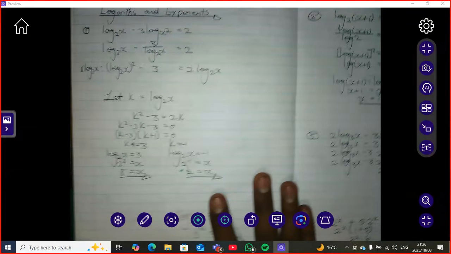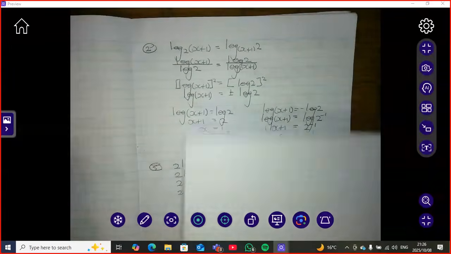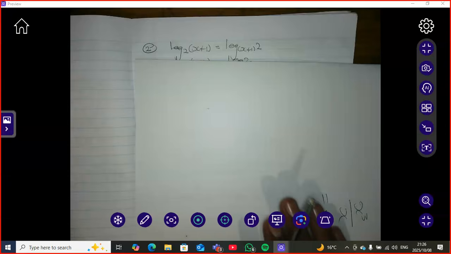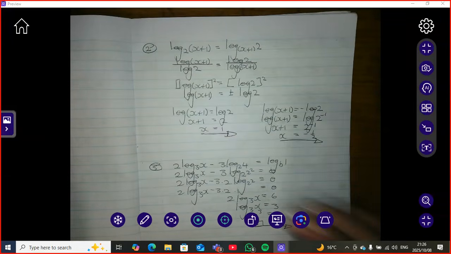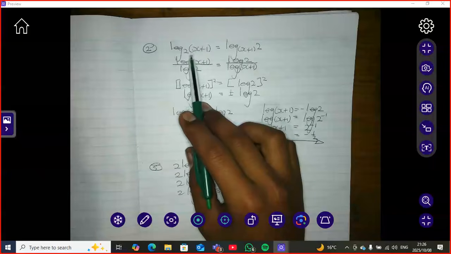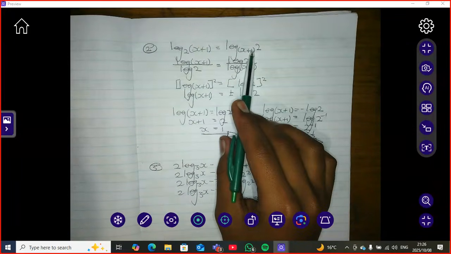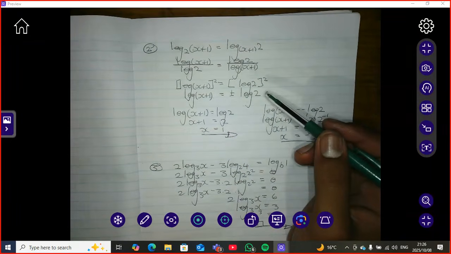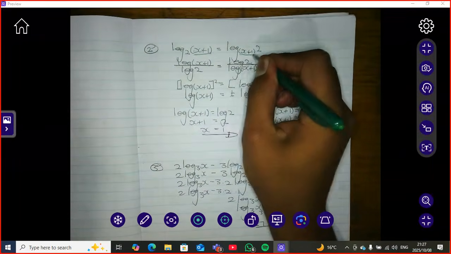Happy chappy. So, the next one, I'm gonna do the exact same step actually. As you can see, log 2, x plus 1, log x plus 1 and 2. What you must notice is that this is the same and that is the same.